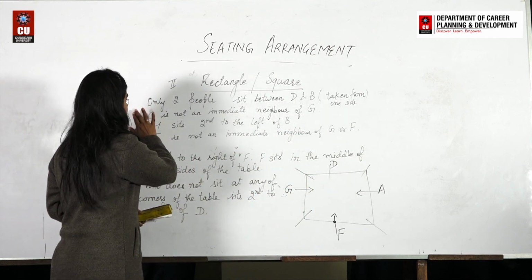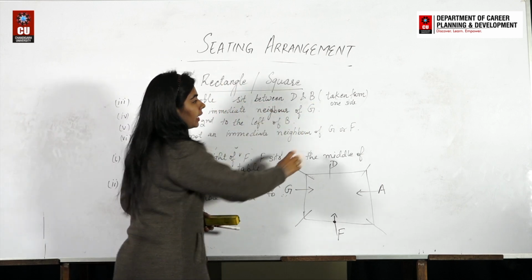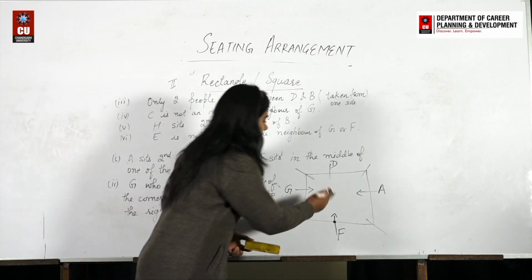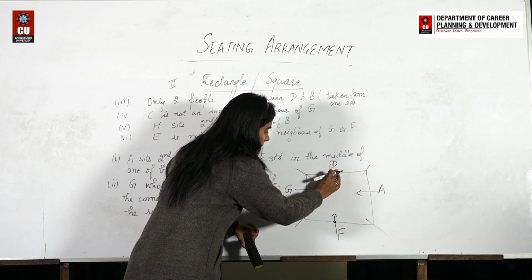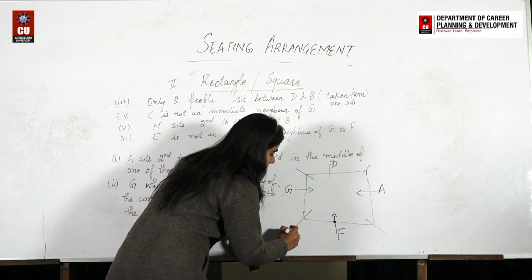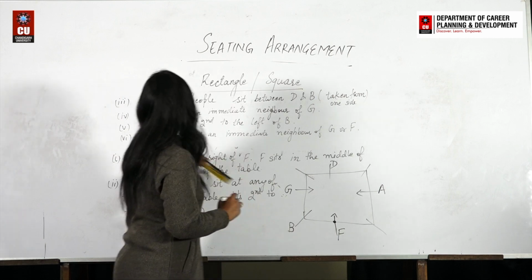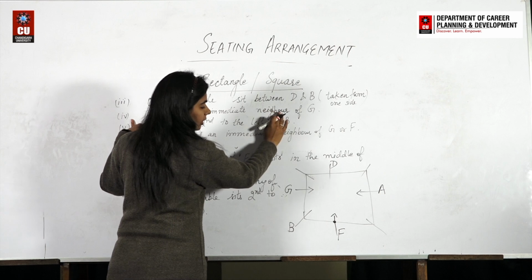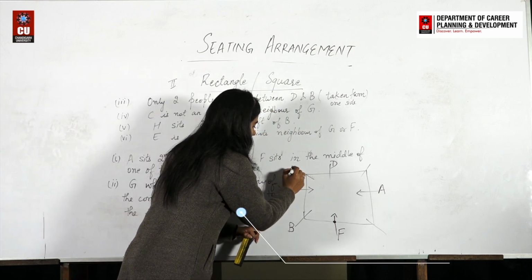The third statement says only 2 people sit between D and B, taken from one side, either left or right. If we place B here, the next statement says C is not an immediate neighbor of G. So C will not be placed here.